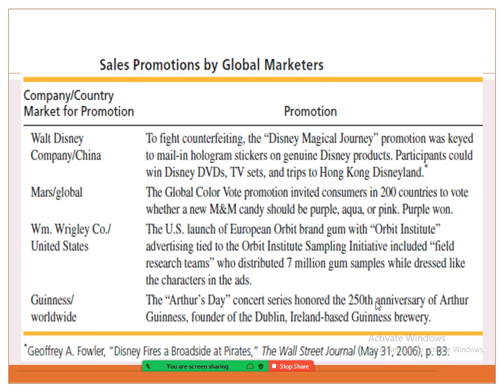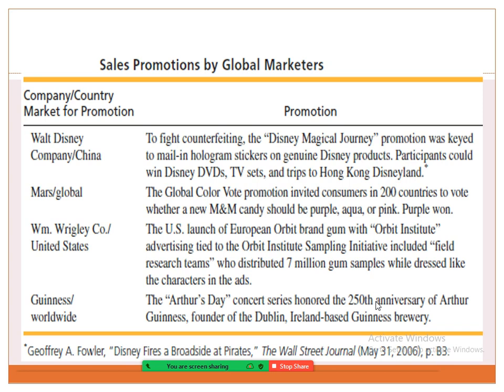The company called Mars Global. The Global Color Vote promotion invites consumers in 200 countries to vote whether the new M&M candy, which is like melt in your mouth type of chocolates, should be purple, aqua, or pink in color.